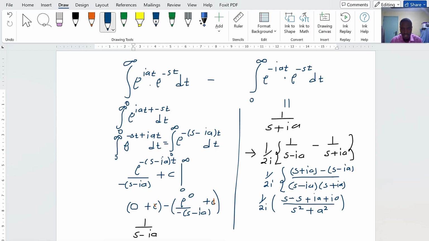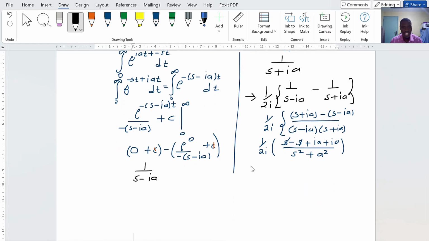Now what do we have? This cancels, and we have something nice for sine at. So we have 1 over 2i into 2ia, because we are adding ia plus ia is 2ia, divided by s squared plus a squared.